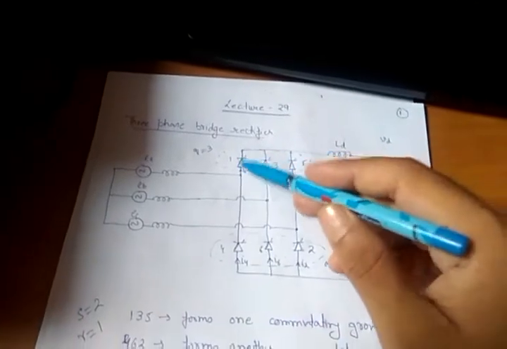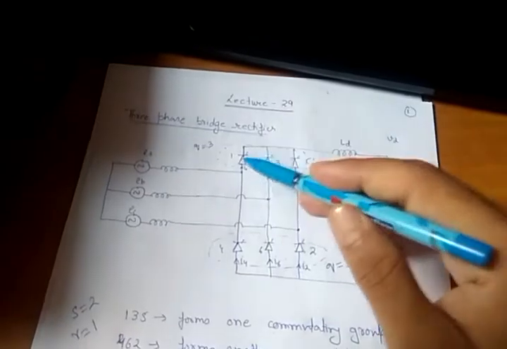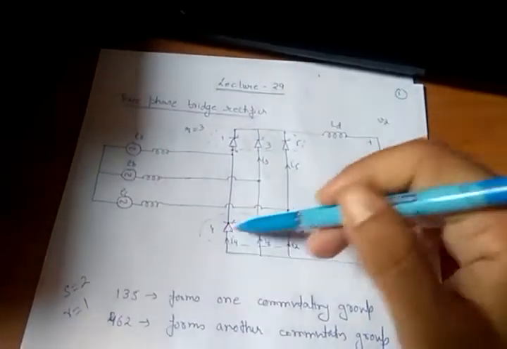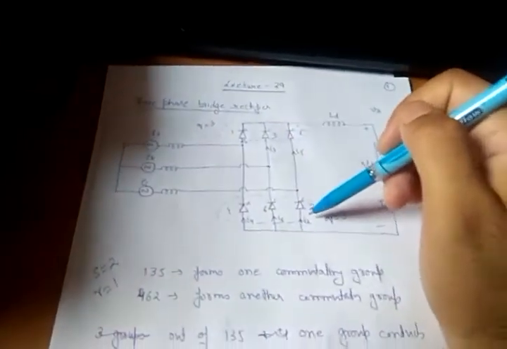Regarding the series connection: this is one group of valves, we have 3 valves here, and this is another group of valves, we have 3 valves here. At a time, one valve is conducting from the upper side and valve number 2 from the lower side.